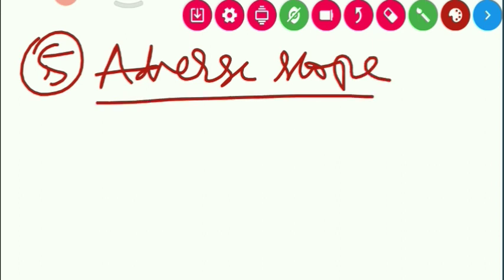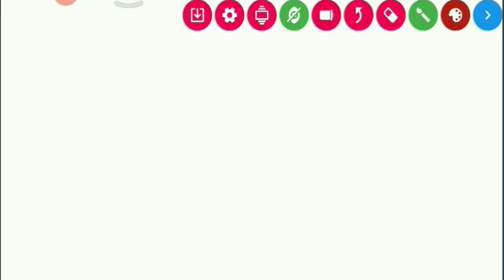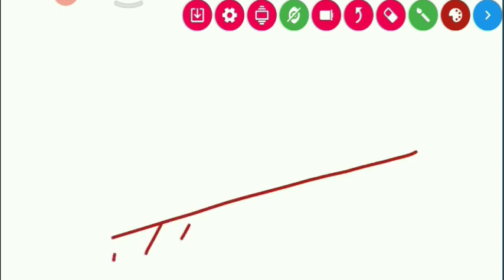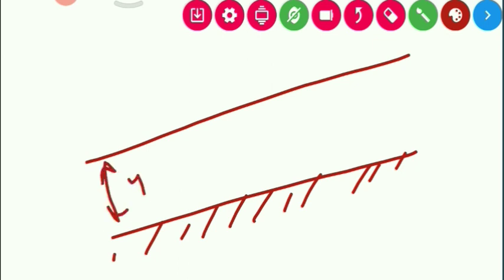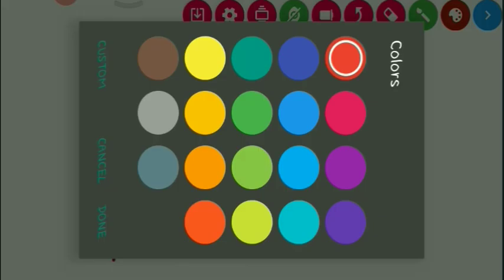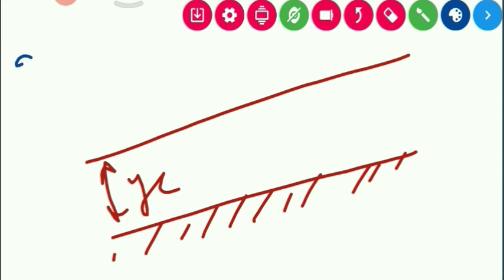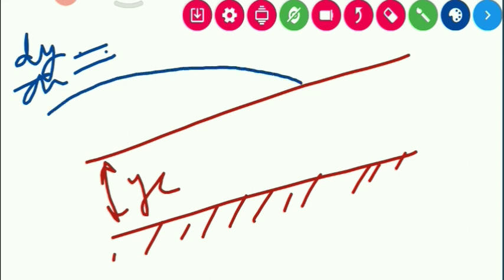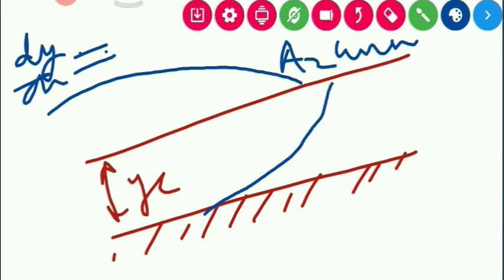Okay, the last case is adverse slope. Here only zone 2 and zone 3 exist. This is the critical depth line. If we proceed in the same manner, looking at dy/dx and whether it is positive or negative, we will get the surface profile as this A2 curve, and this will be the A3 curve.